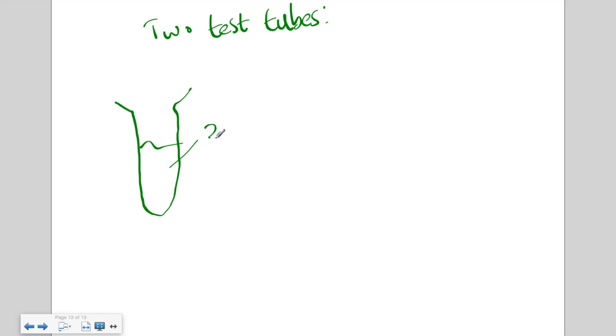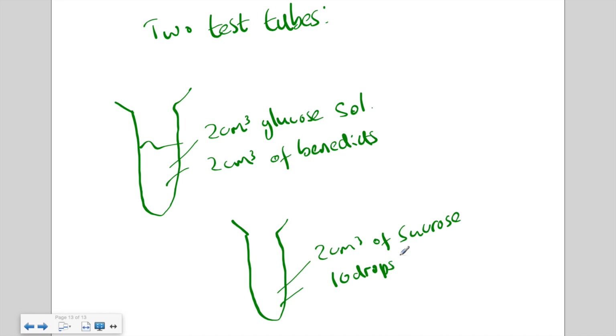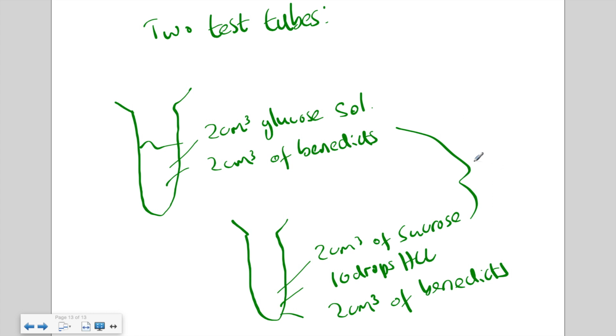So in this one we had 2 centimeters cubed of glucose and 2 centimeters cubed of the Benedict's, and then in the last one that we used we had 2 centimeters cubed of sucrose, 10 drops HCl and 2 centimeters cubed of Benedict's. Both produced the brick red precipitate.